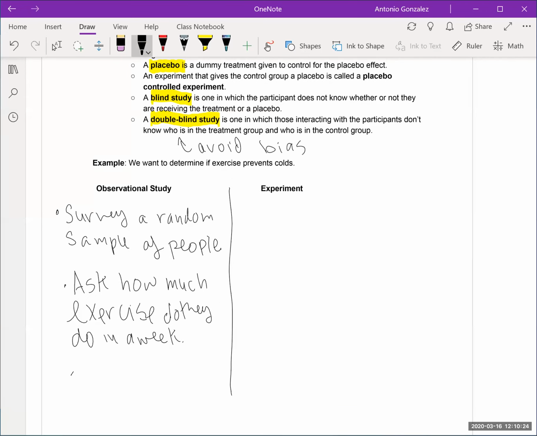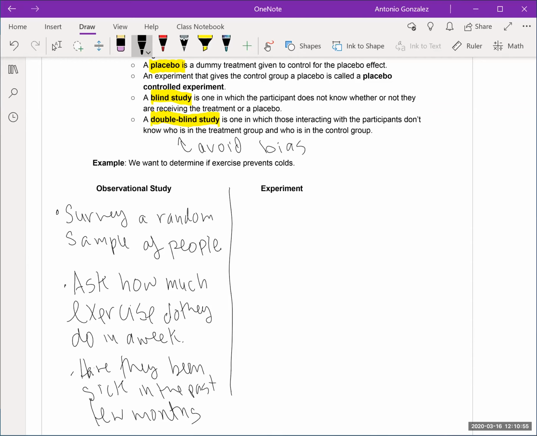And then we might also ask, have they been sick in the past few months? And if so, how often have they been sick? Then we would try to make a connection from there. Again, this is an observational study. We just go around and ask people.